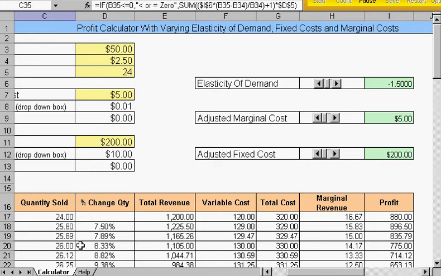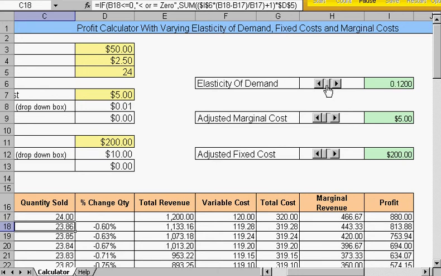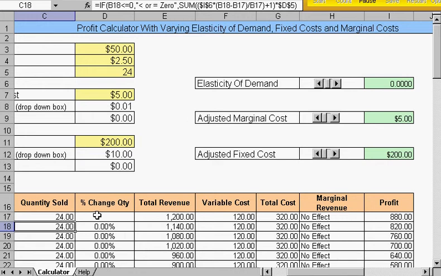As prices go down, our quantities should go up. Elasticity of demand is typically a negative number because, as we just said, as prices go down, you will sell more, which does make sense. So let's see what happened. We're at negative 1.5, and we have 25.8.